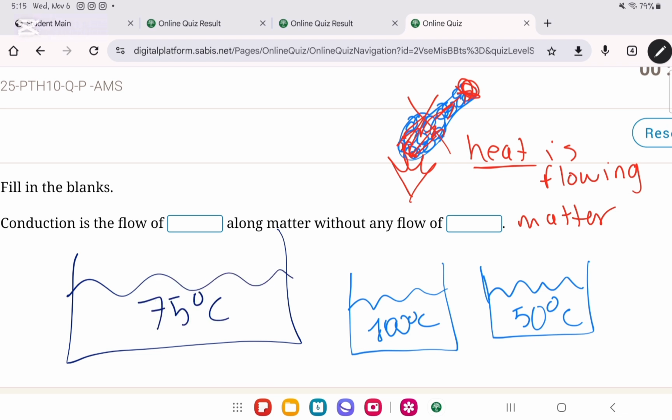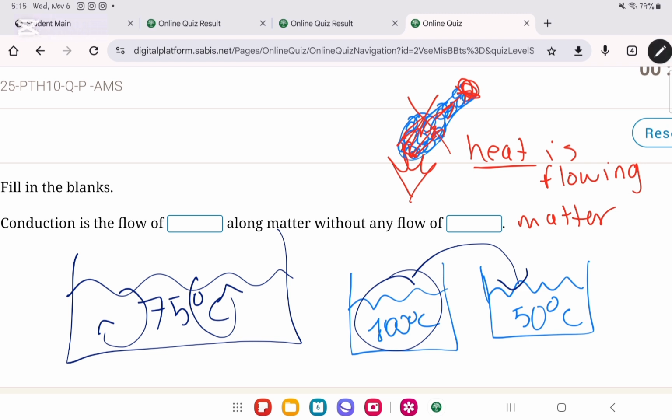But of course, it's not gonna change by convection, because the water is not gonna be moving wildly. The particles of the 100 degrees Celsius, because they have more heat, they're gonna give heat to the 50 degrees Celsius without possible motion, without any flow of matter.